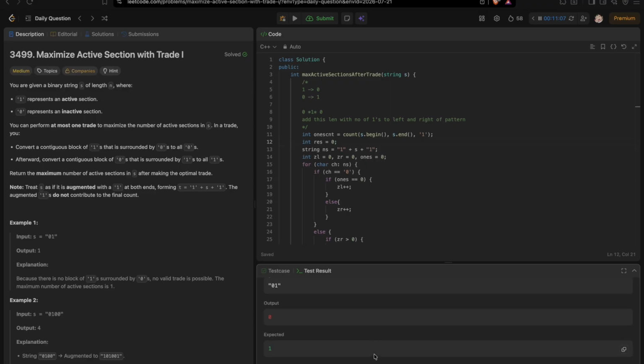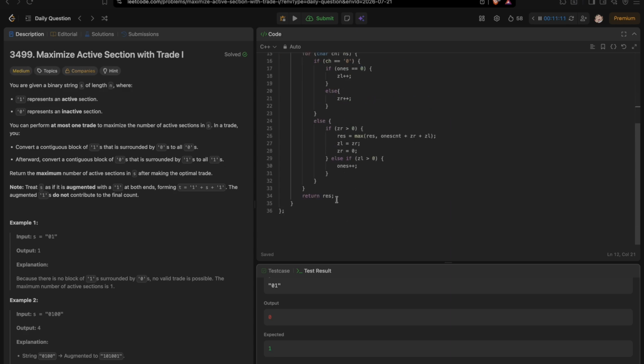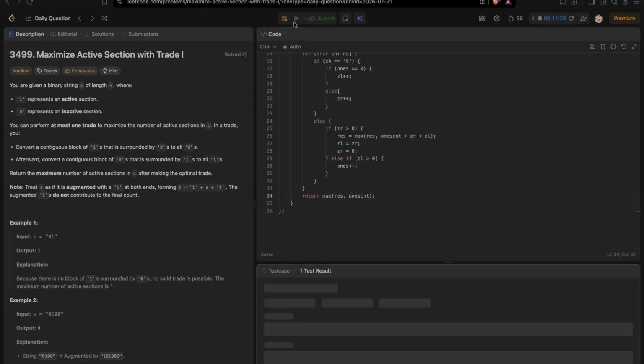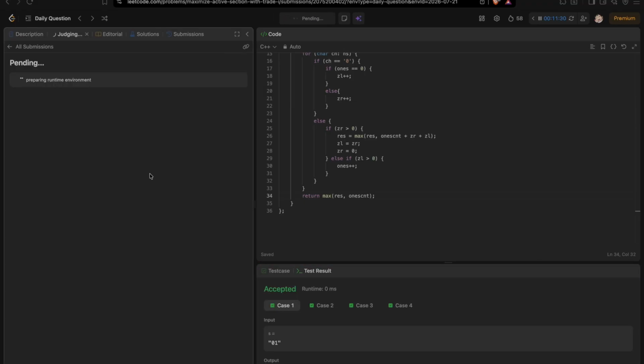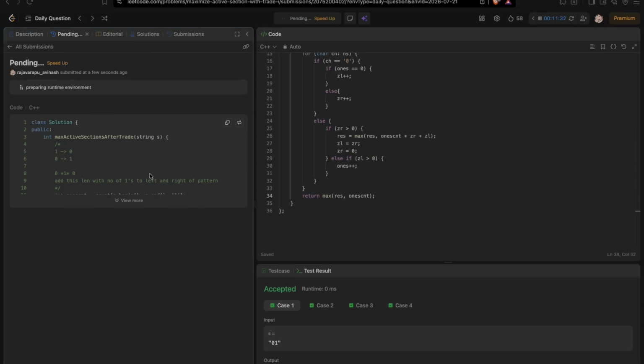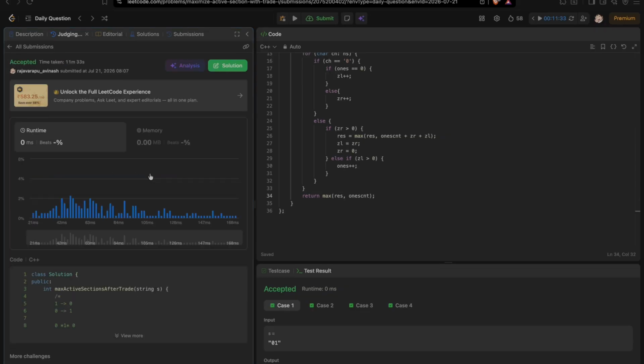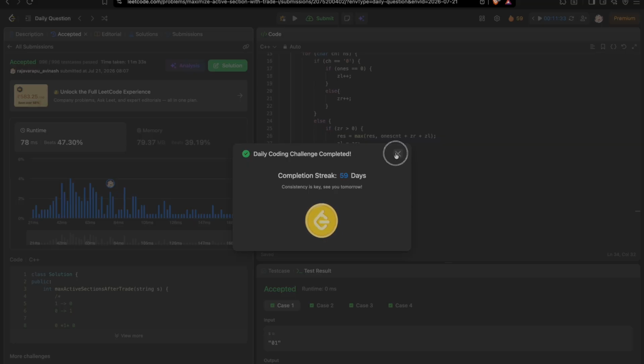Okay, I should also check the max with ones count, because sometimes we don't get into such a state. Let me submit it. Good, the sample test cases pass.